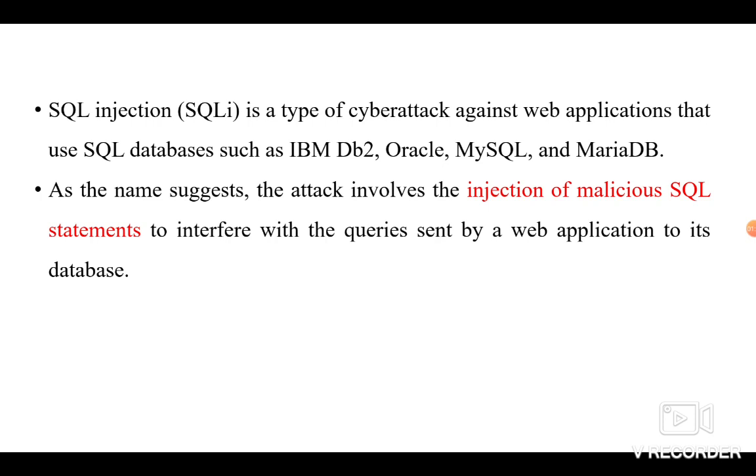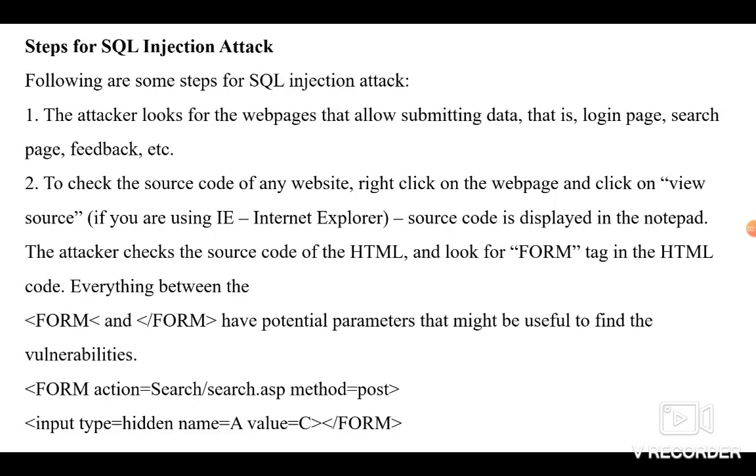As the name implies, SQL injection means we are injecting a malicious SQL statement. It interferes with the actual queries sent by the web application to the database, so it confuses the database and makes an illegal effect. So how to perform the SQL injection attack?